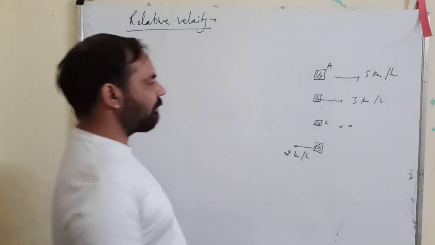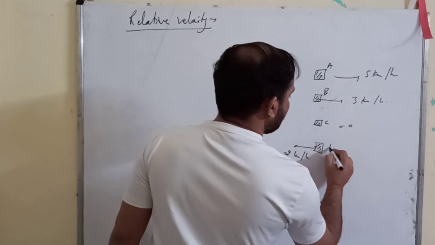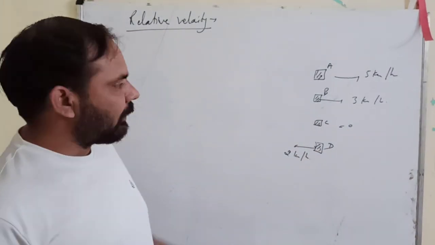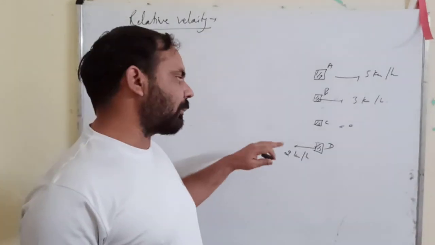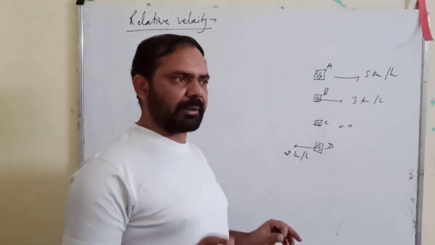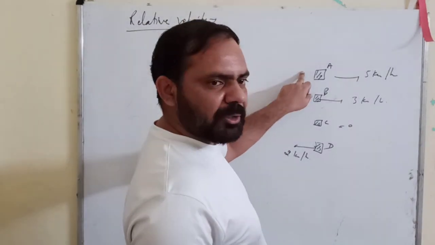So we have A, B, C and D, four people moving this way. We are only considering motion in one dimension, straight line motion, not motion in a plane.